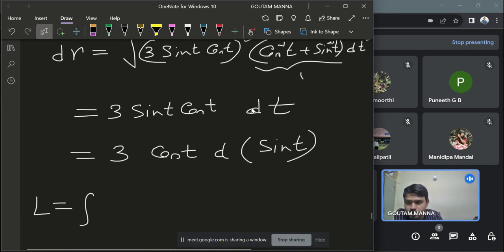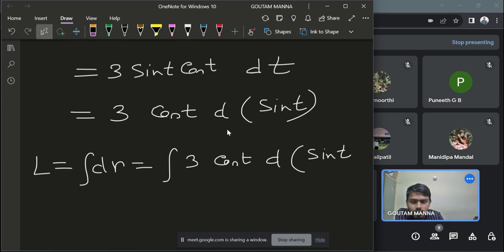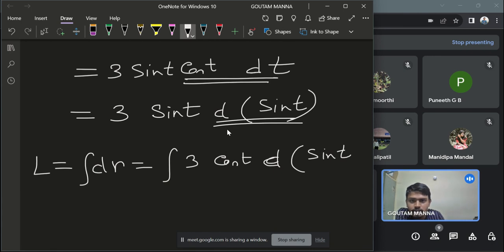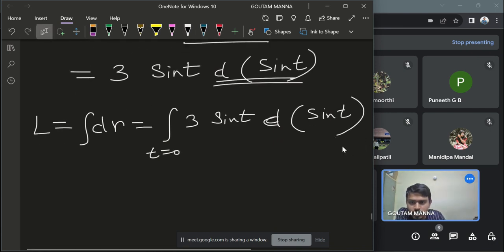So L will be the integration of dr, which is the integration of 3 sin t d of sin t, sorry, there is a sin t. So this cos t dt I am writing as d of sin t, from t equals 0 to pi by 2.